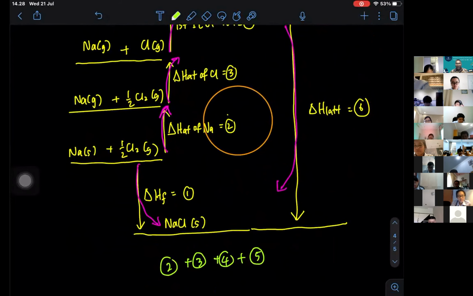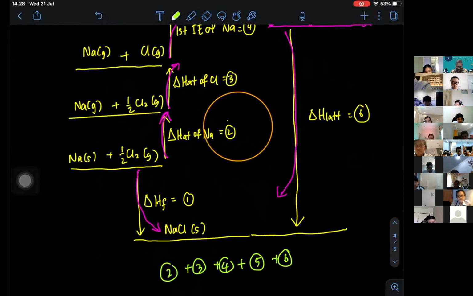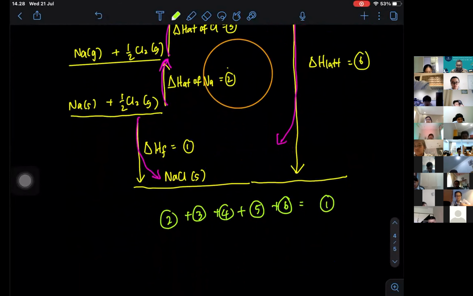So number 5 plus number 6 is the same as number 1. Most of the time we want to find number 6, so you can use your mathematical formula, balance it, bring everything to the right, and solve for number 6. This is the Born-Haber cycle. Of course, I've drawn it for sodium chloride.